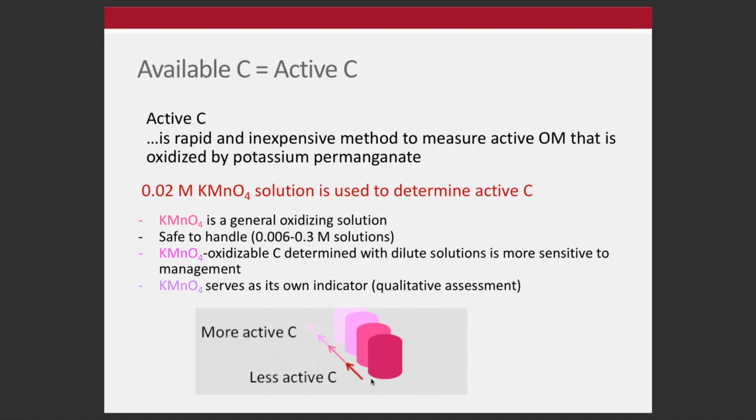It's a general oxidant. When it gets in contact with some available or chemically active carbon, it reacts with that, and then that permanganate gets consumed, and the color goes from a bright purple all the way to clear, if you have enough of that feedstock.